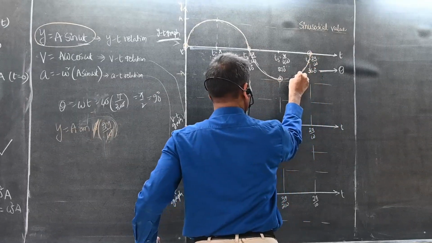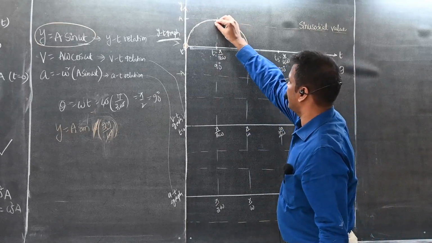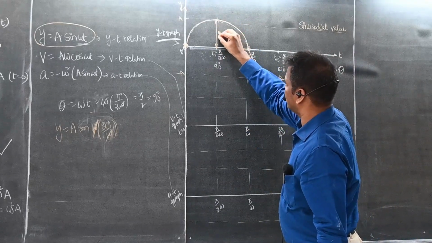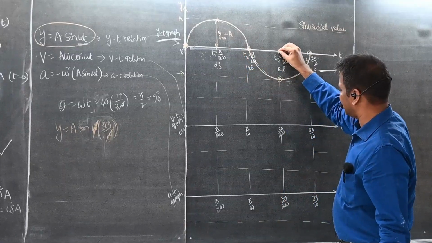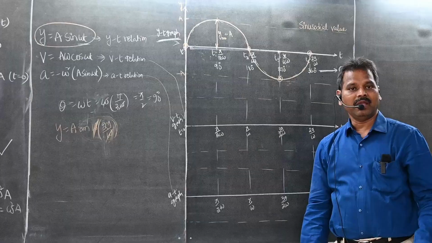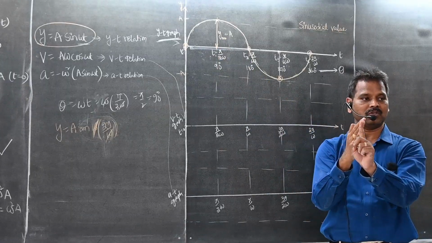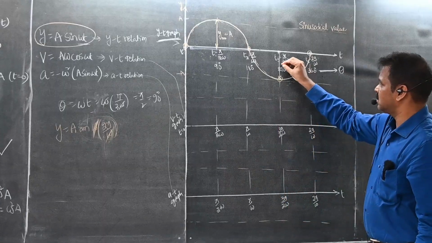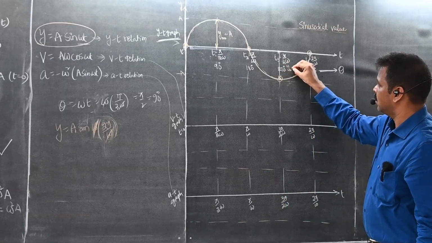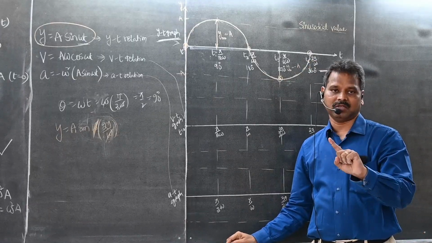From the graph, what is the maximum value of displacement? A. This y max we call the amplitude. Can I call this amplitude? Yes. The amplitude on the other side: if it is on the left side, from the mean position left side plus a, right side minus a. So maximum displacement is either plus a or minus a.